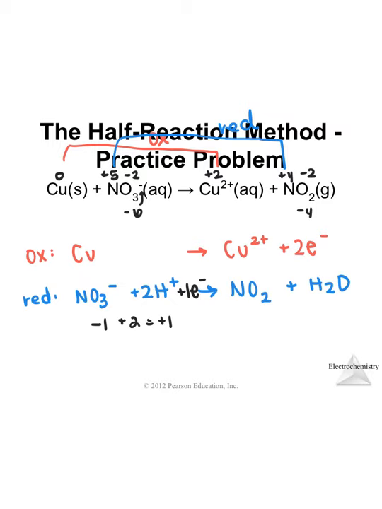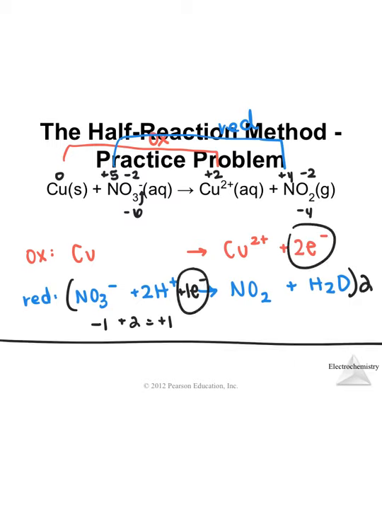In all of these, the electron should be added to the products in the oxidation and the reactants in a reduction. Okay, so you can check it that way. So now we need to multiply this whole thing by 2 to get my electrons to balance.